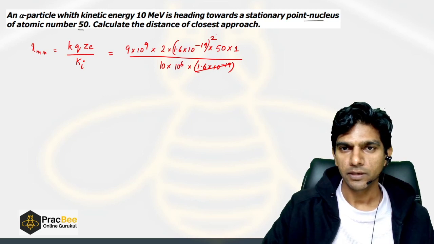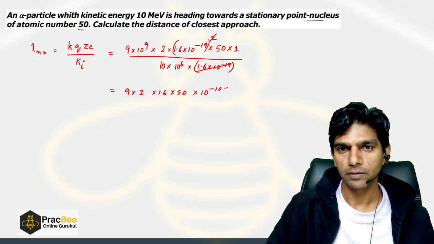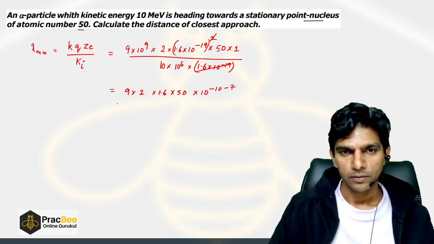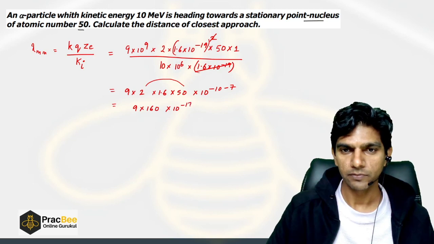One e will get cancelled out. So we will have 9 times 2 times 1.6 times 50 into 10 raised to power minus 10 and minus 7. Let us simplify this. This 2 and 50 will become 100. So we have 9 into 160 into 10 raised to power minus 17.